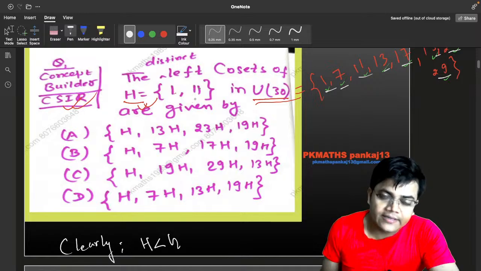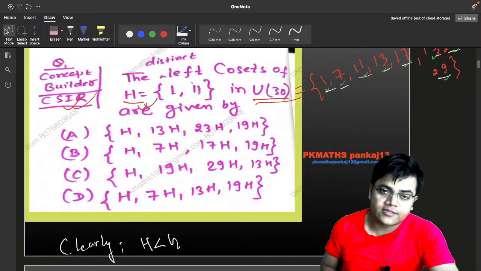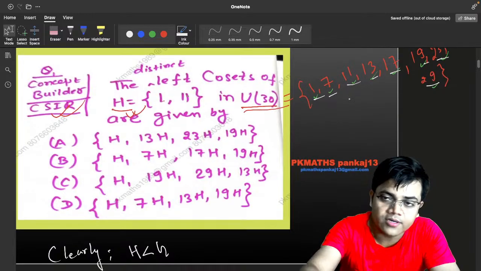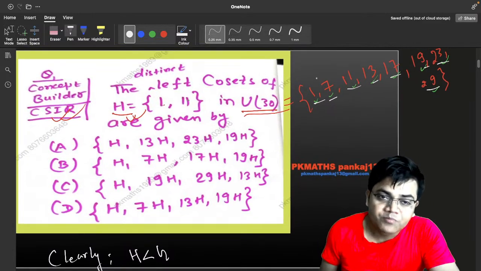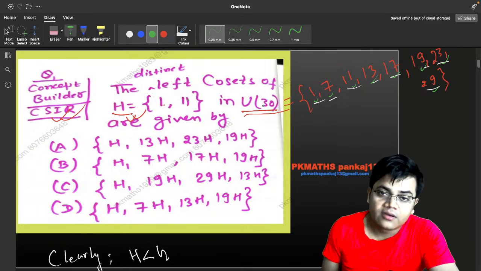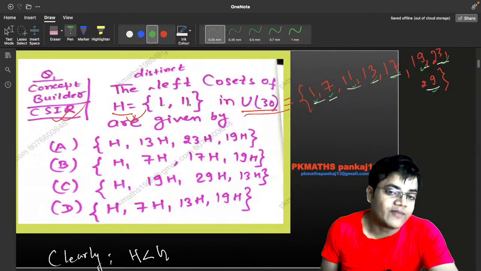If you want to write the distinct left quotients, then certainly you will take the elements from G, which is U30 over here. So you will write the left quotients with the help of the elements from U30 other than 1 and 11.